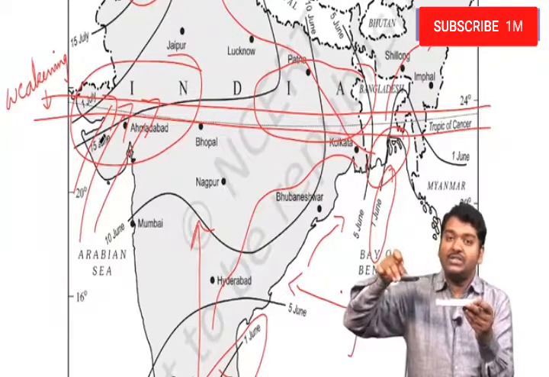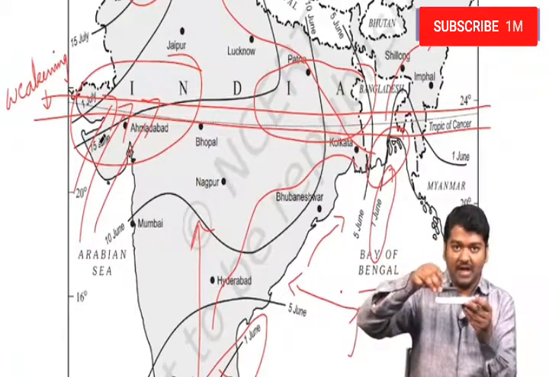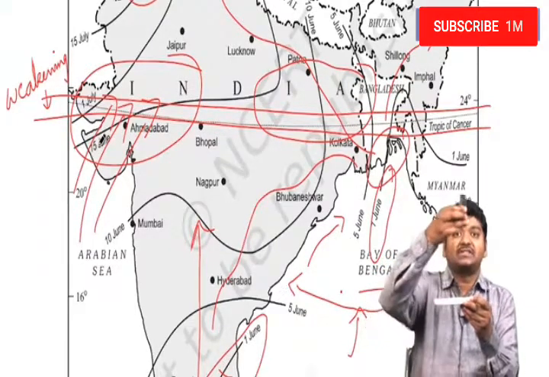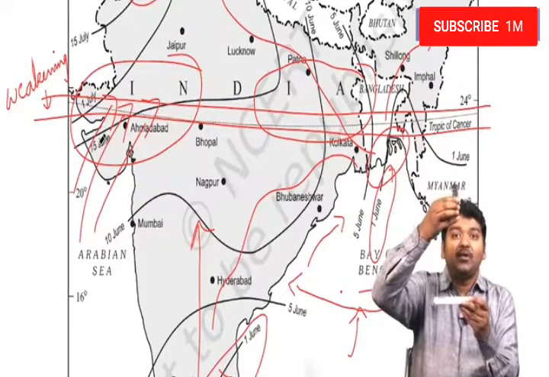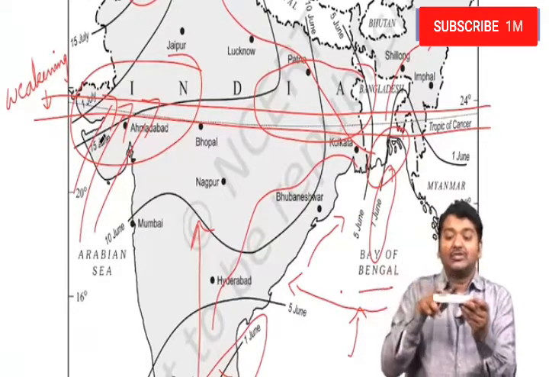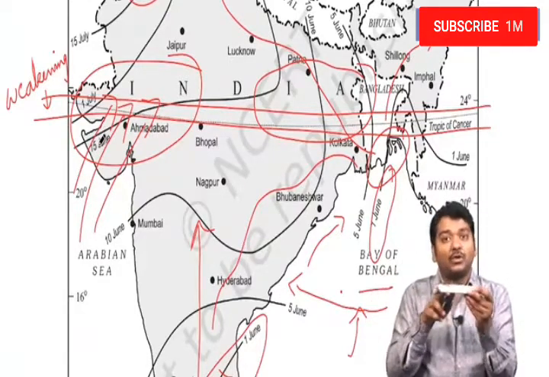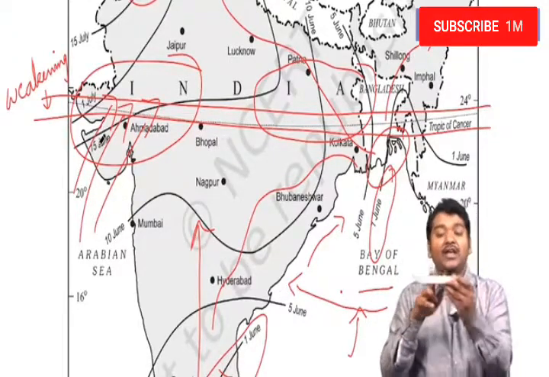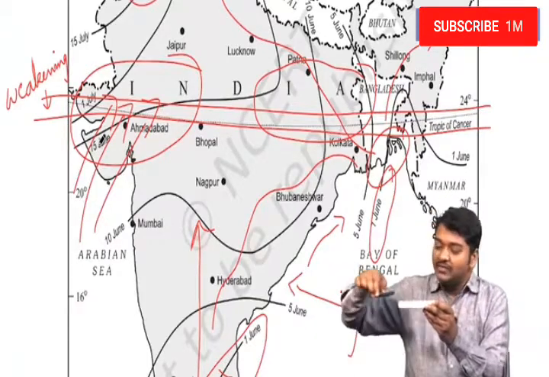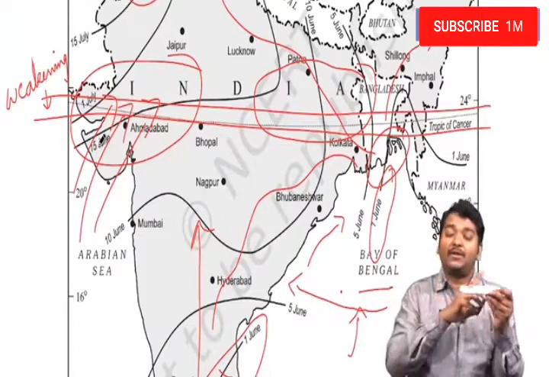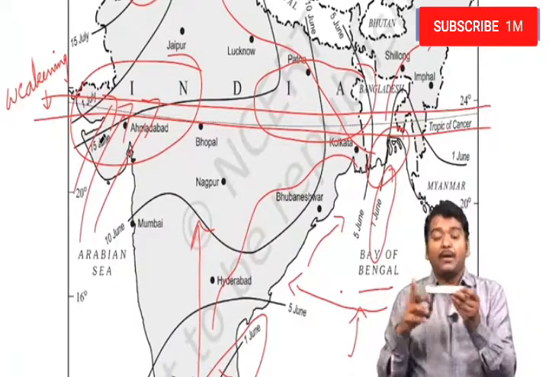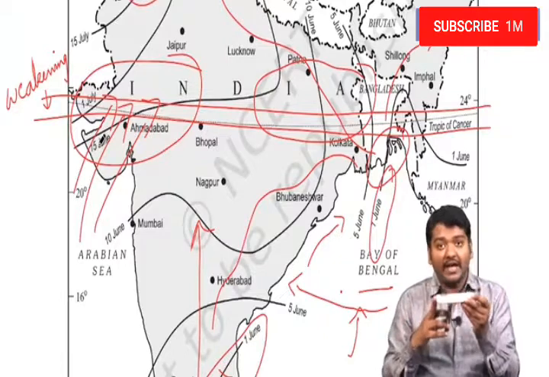Whenever moisture laden winds come over a low pressure area, the winds start rising, and whenever the winds start rising, they give heavy rainfall. If this is present over Gujarat, Gujarat will get heavy rainfall. If this is present over Bihar, winds will blow from the Bay of Bengal, rise and give heavy rainfall. So floods happen in Gujarat, Rajasthan, Bihar because of the low pressure present there.